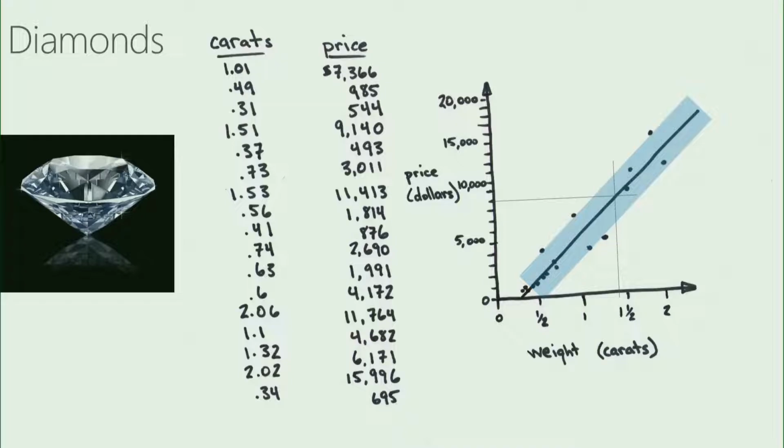Now we just look at where our 1.35 carat line crosses that envelope on the bottom and the top, and eyeball those lines over to the price axis, and we see, not only do I expect to pay $8,000 for my diamond, it will very probably be greater than $6,000 and less than about $10,000. So somewhere in that range. Now I know what I need to know to go out and earn some money and prepare to make this purchase.